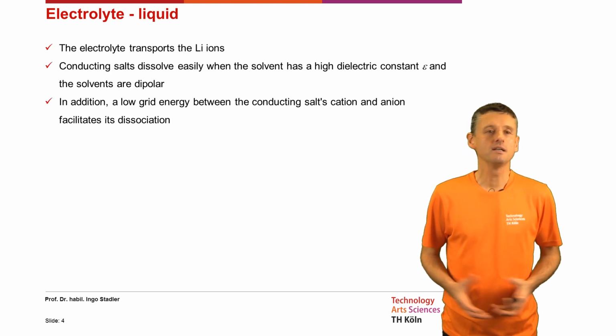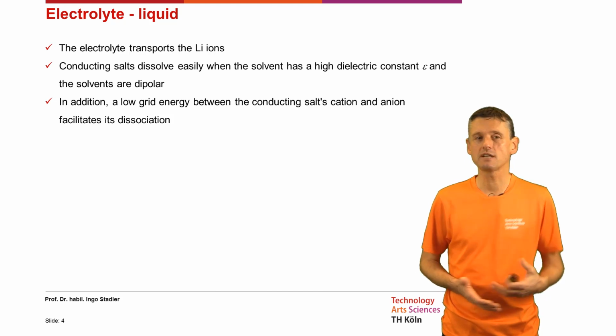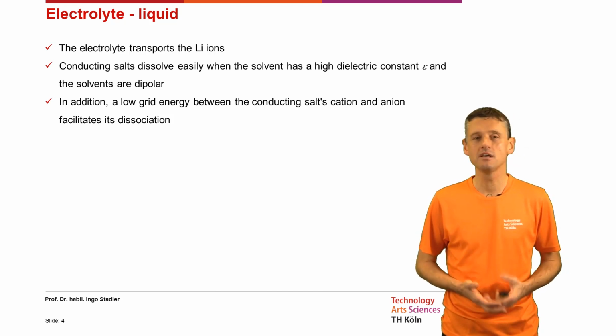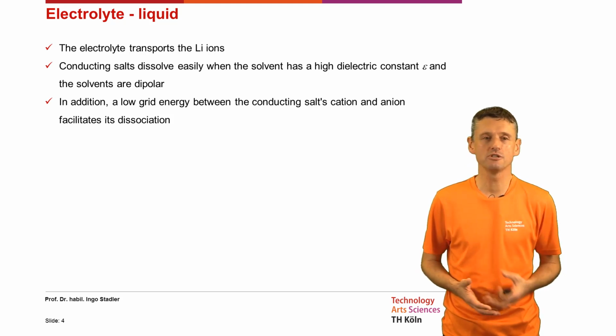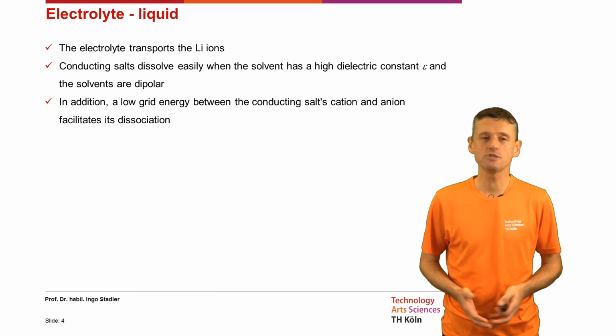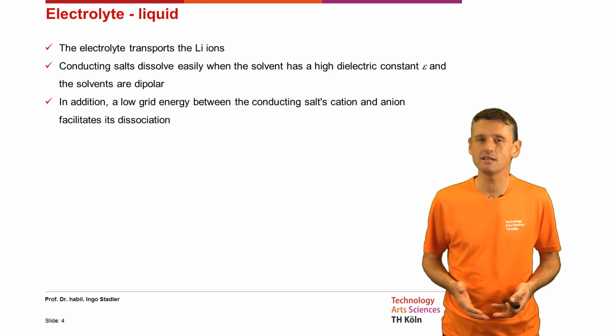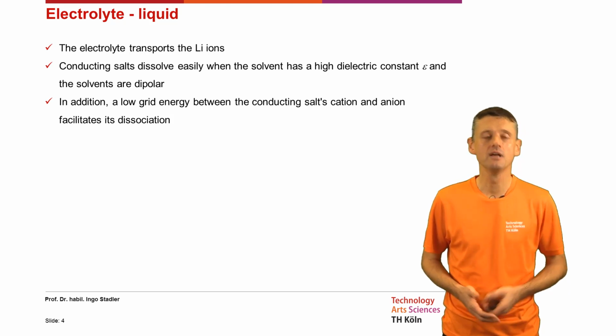The electrolyte transports the lithium ions. So conducting salts dissolve easily when the solvent has a high dielectric constant epsilon and the solvents are dipolar. In addition, a low lattice energy between the conducting salt's cation and anion facilitates its dissociation.